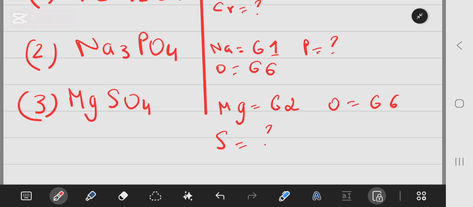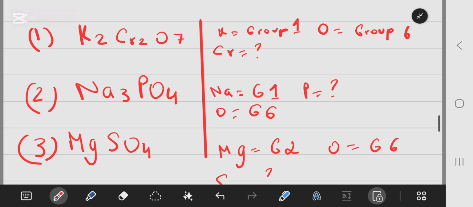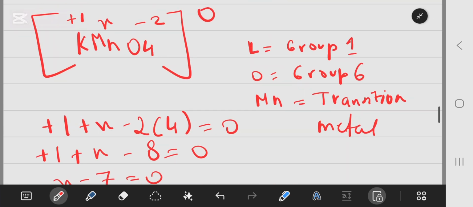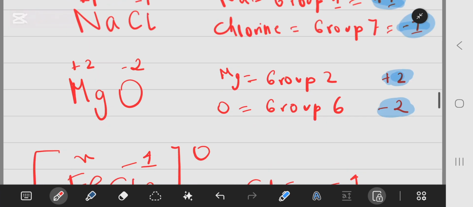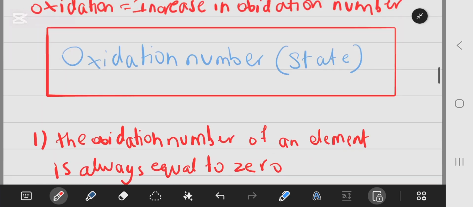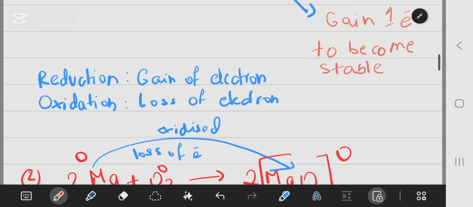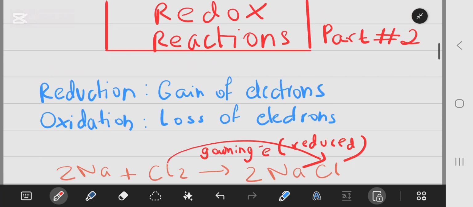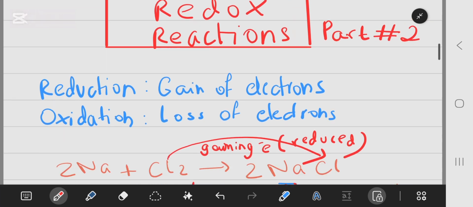So let's do a quick recap of this. You can take a screenshot right now, or you can just write them down as well. I hope that's clear. Now we need to do a quick recap of what we have done in today's class. We have discussed how, in terms of the loss and gain of electrons, redox reactions work.